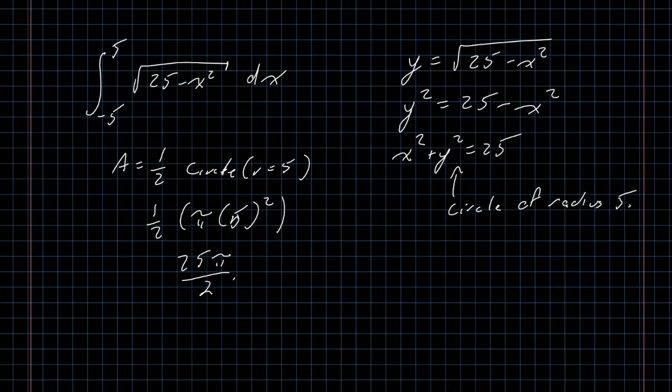If you grab out a calculator and punch that in, 25 times pi divided by 2, my calculator tells me is 39.27-ish. But 25 pi over 2 is good enough for our purposes. All right.